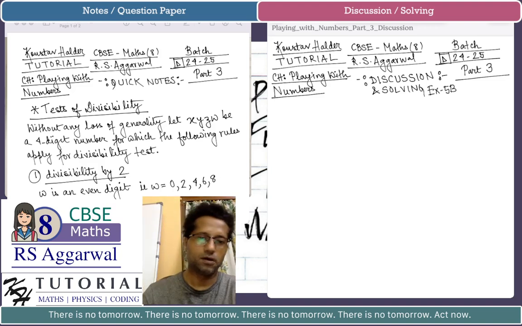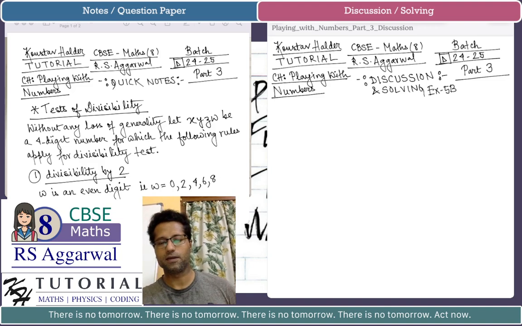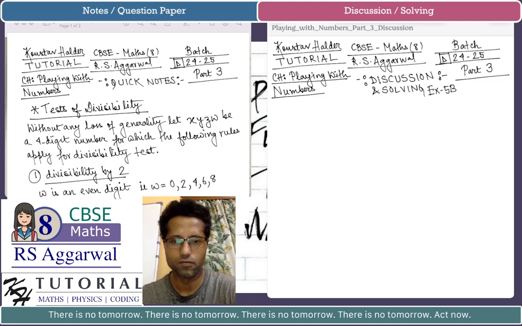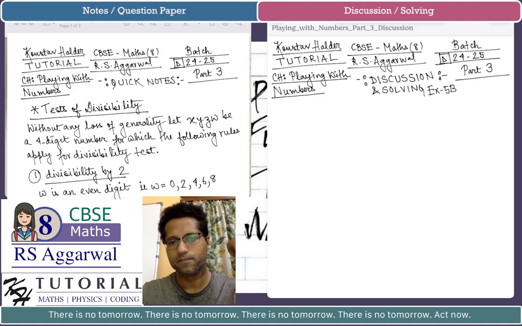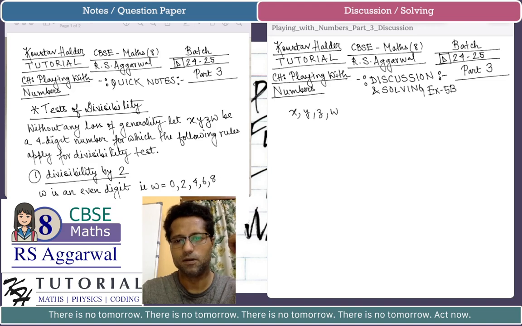So without any loss of generality, let's assume that the given number is a 4-digit number, XYZW. X, Y, Z, W are digits.